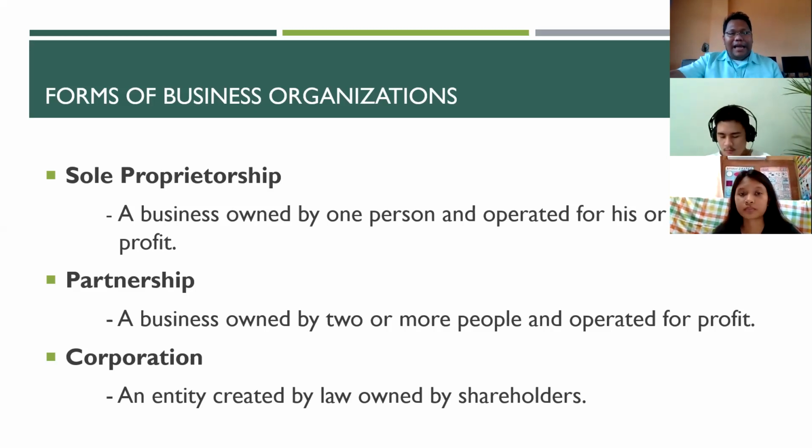And this artificial entity is actually owned by shareholders. Meaning, the composition of the corporation will now divide its ownership in terms of shares that shareholders can have from that business. The more shares you have, the more power you have over that business.